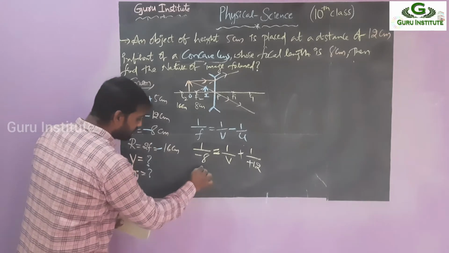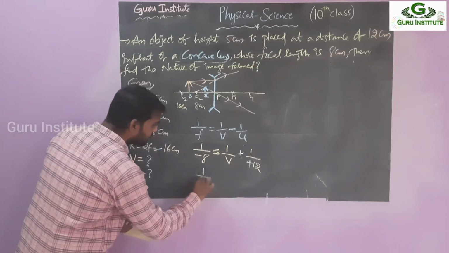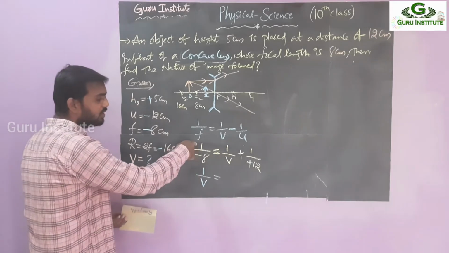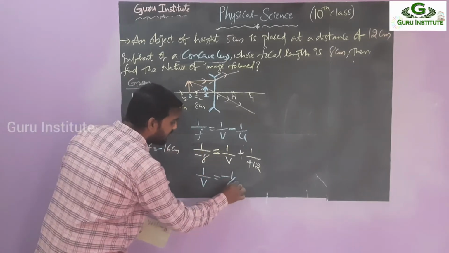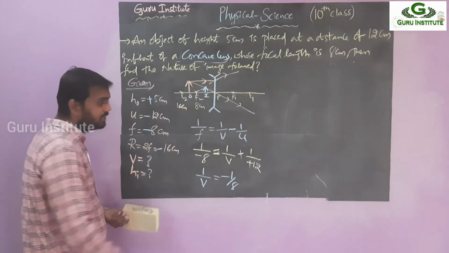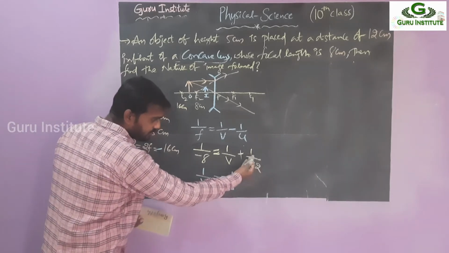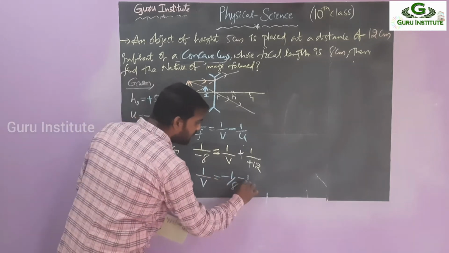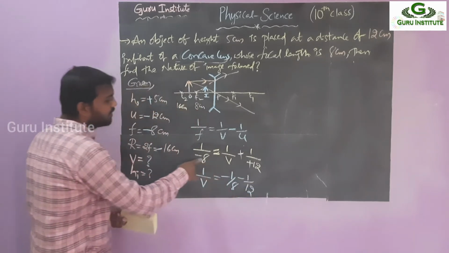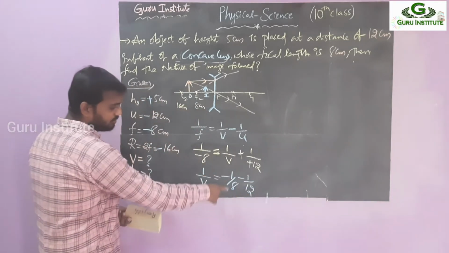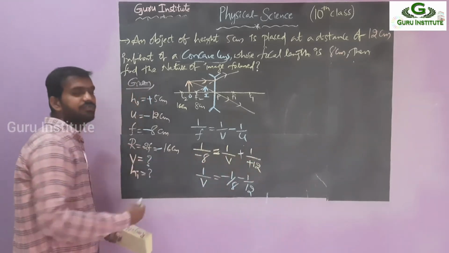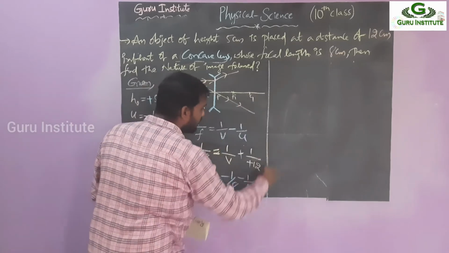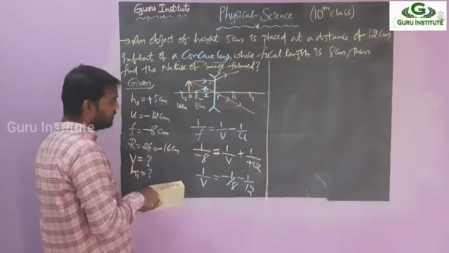Then what is the next step? 1 by V is equal to minus 1 by 8, this plus 1 by 12 coming to the left side. What will happen? This should be minus 1 by 12. Just observe. The minus should go to the numerator, that is minus 1 by 8, and the positive coming to the left side should become negative. Okay. Right. Next, coming to this one. What simplification will you get? Simple simplification.